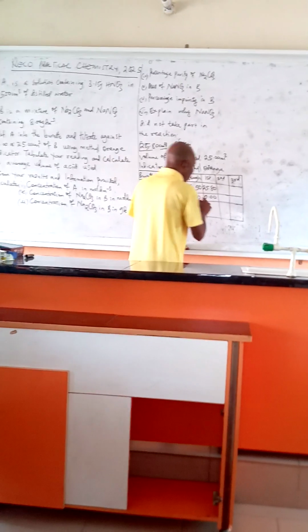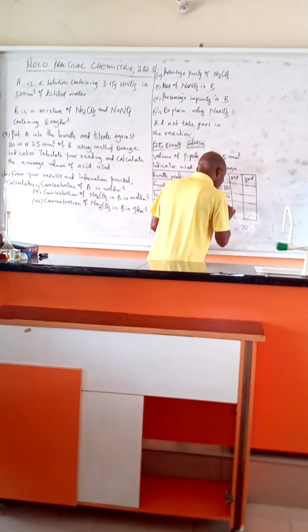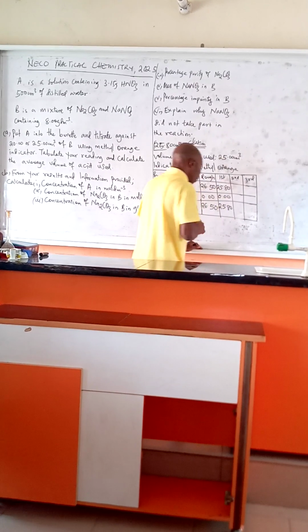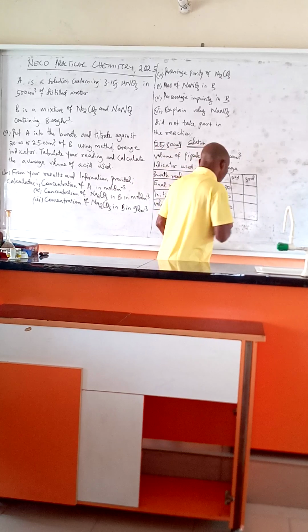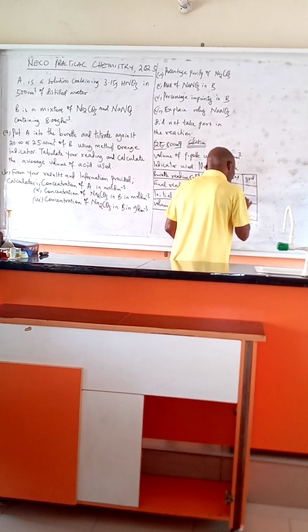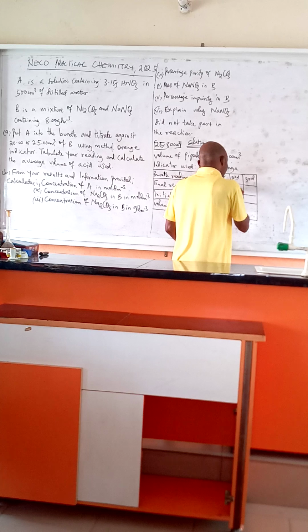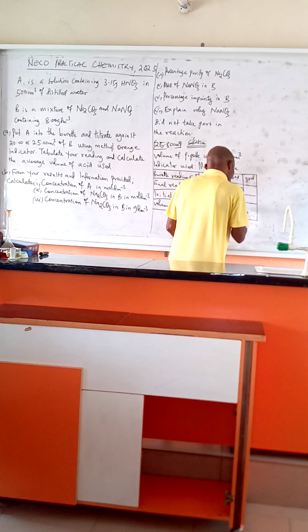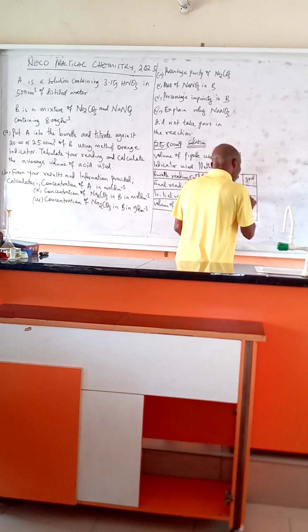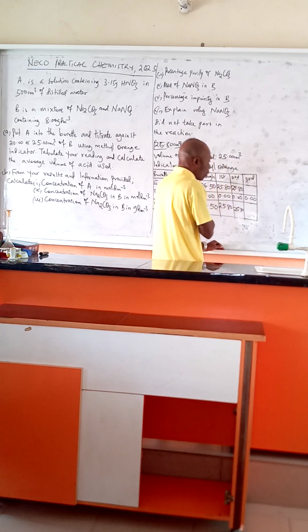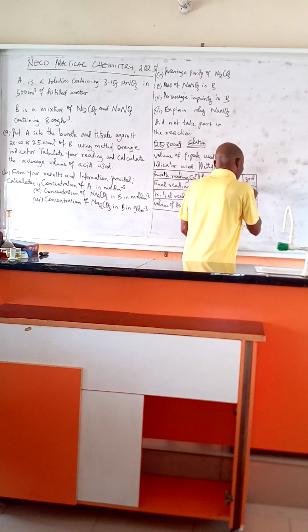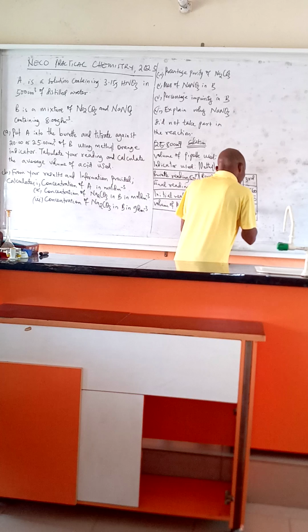And 25.80 minus 0.00 will still give us 25.80. Because we are consistent, when we repeat to 0.00, we titrated again and still get 25.80. Bring down 25.80. Then our third titration, when we repeat to 0.00, we had 25.60.